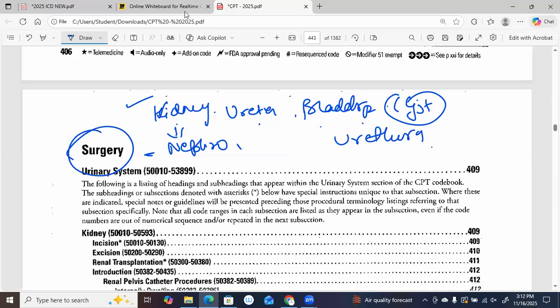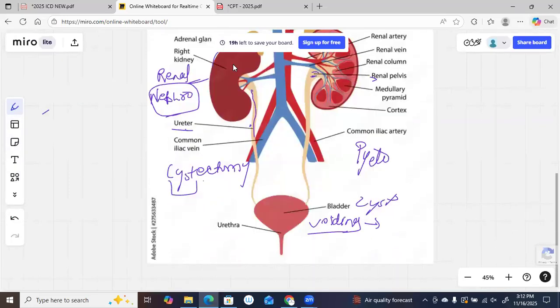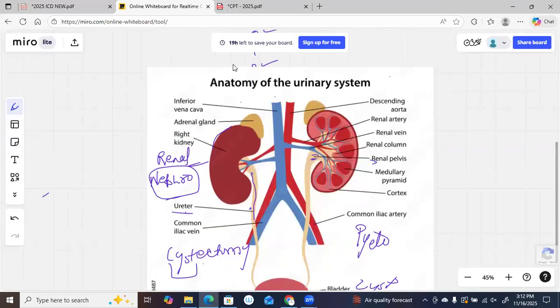Let me show you a brief of the urinary system. In the urinary system, we have four major organs which help our body release waste and filter the blood. The waste is extra urea, so the system helps release extra urea from the patient's body.